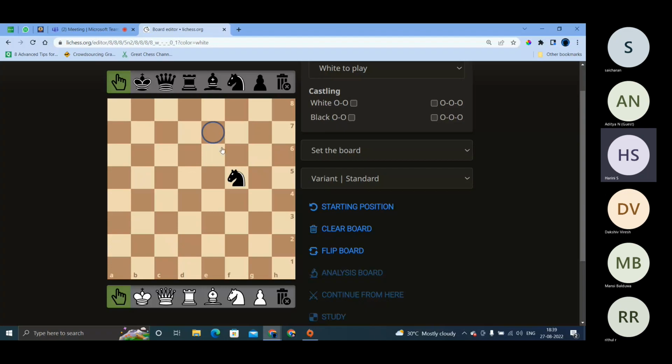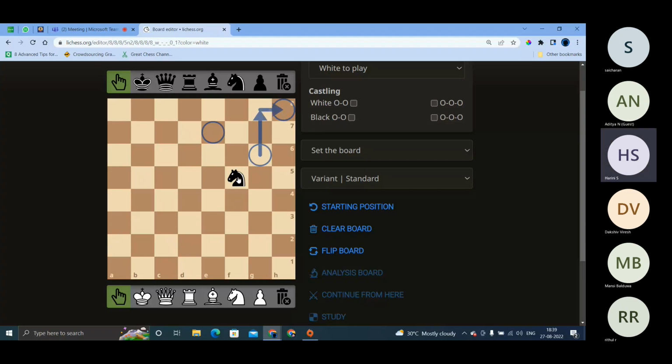From here it goes here, and from here two steps this way and one to the side is this square. Imagine the knight is here. This will be the landing square it can go to, and from here two steps and one to the side, this will be the landing square.